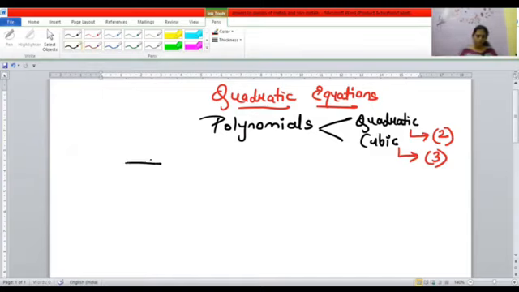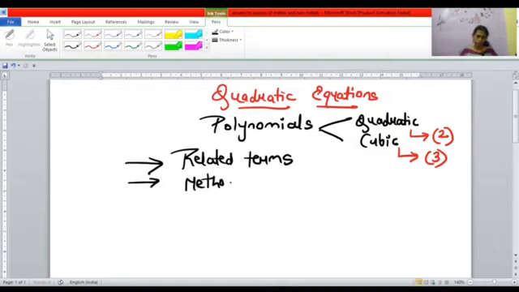I'm going to write the topics very quickly. The very first thing is related terms, so that you will be able to understand what all things are there under quadratic. Then we are going to find out the methods of solving. As we know, there are always certain methods to solve any equation, so here also we have a few methods.